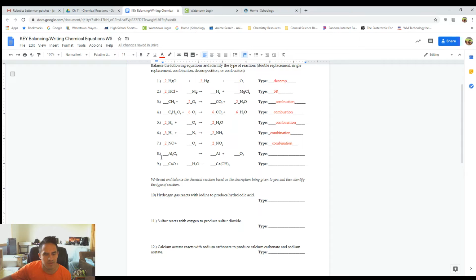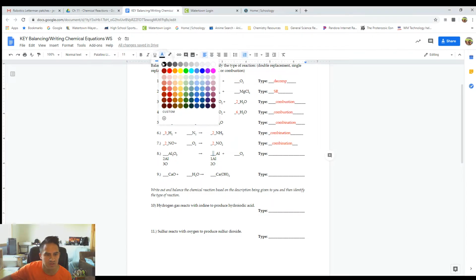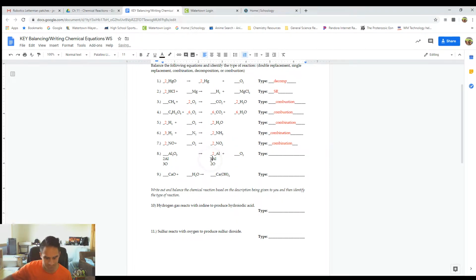All right, number 8. Balancing wise, again, we've got 2 aluminums, 3 oxygens on the left hand side. On the right side, we have 1 aluminum, 2 oxygens. So let's balance out the aluminums first. We're going to need a 2 in front of this one to give us 2 aluminums. And as for the oxygens, here's another one that's a little bit tricky.